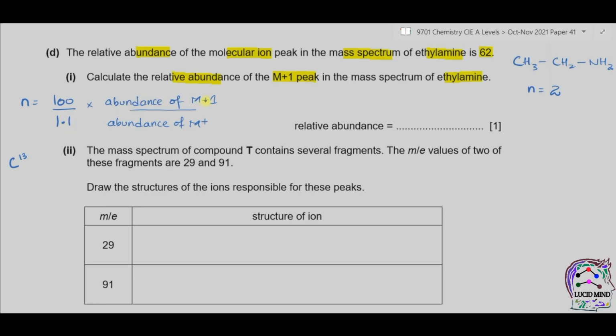The M+1 ion peak is what we have to find. The M+ ion peak is the molecular ion peak for ethylamine, whose abundance is given as 62. So we have the value of N, we have 100, we have 1.1, we also have the abundance of M+, so we can find the abundance of the M+1 ion peak.